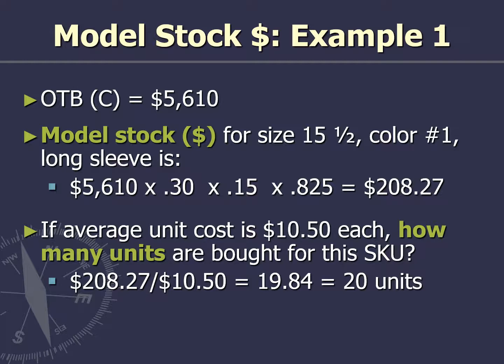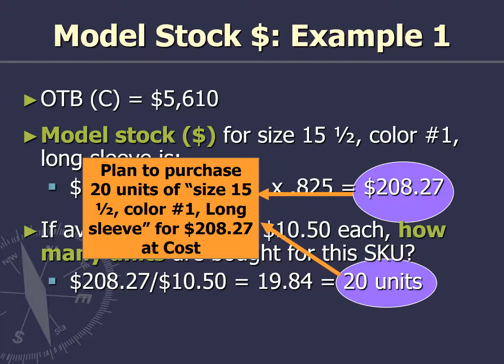That leads to 19.84 units, so around 20 units we can buy. Overall, according to this assortment distribution plan, the buyer will need to buy around 20 units of size 15.5, collar number 1, and long sleeve by spending around $208.27 at cost value.